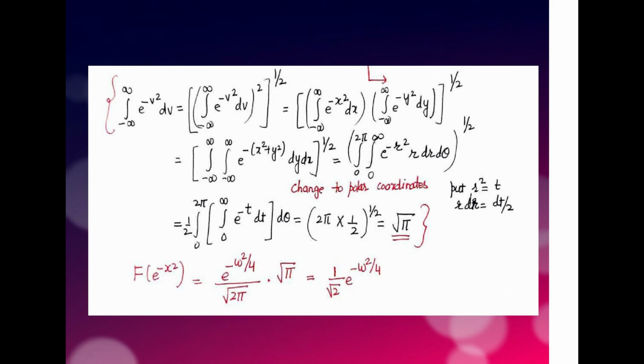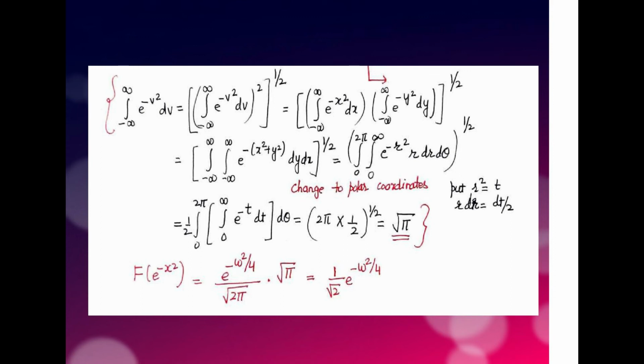For this I am using the property that if you have a double integral where the limits of integration are constant, that is independent of the variables, and the function f of xy can be written as a product of a function of only x and a function of only y, then we can simplify this integral as single integrals. One is going to be a function of only x and the other a function of only y. So finally we have this single integral as a double integral in Cartesian coordinates.